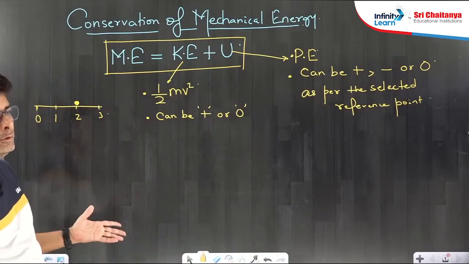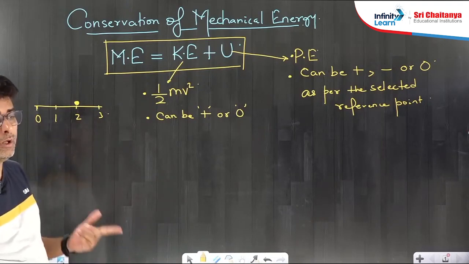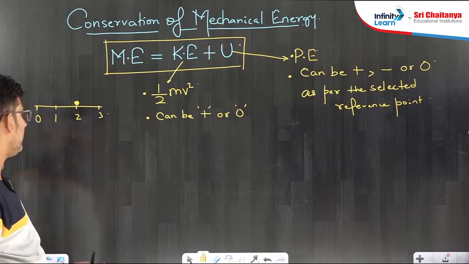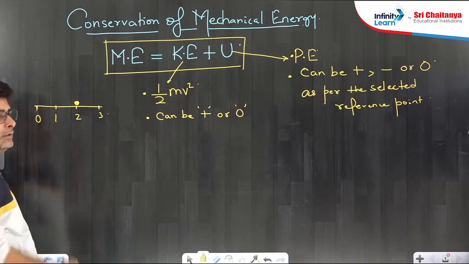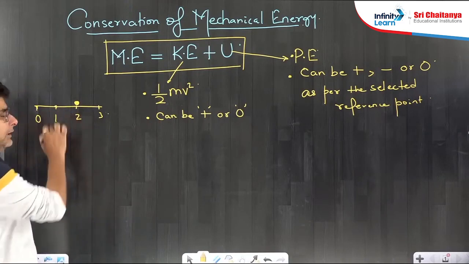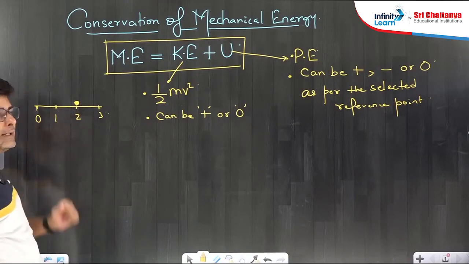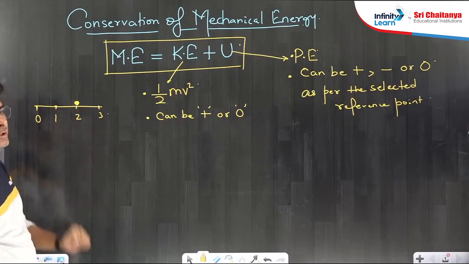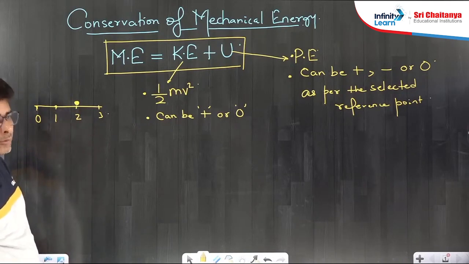All of you are saying 2, but you cannot say. If I say what is the position with respect to the origin, then you will say 2. If I take 1 as the reference, is its position 2? The answer is no.